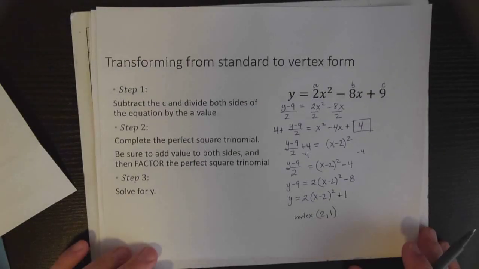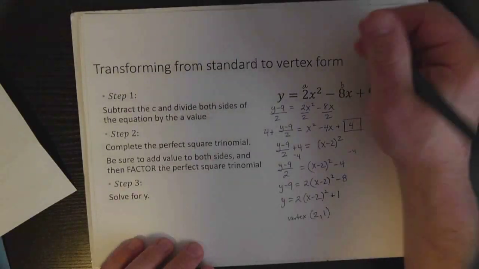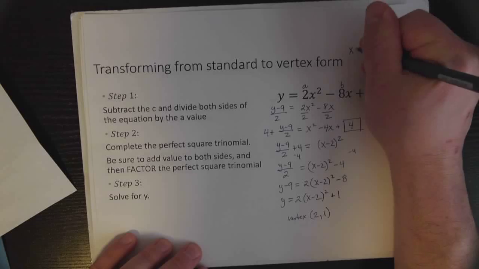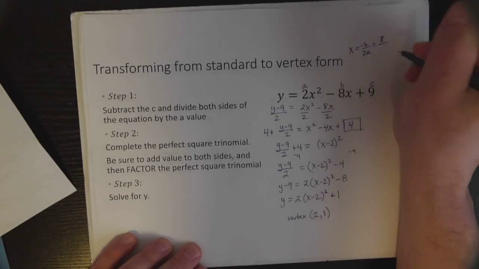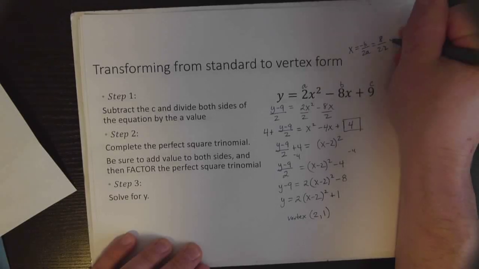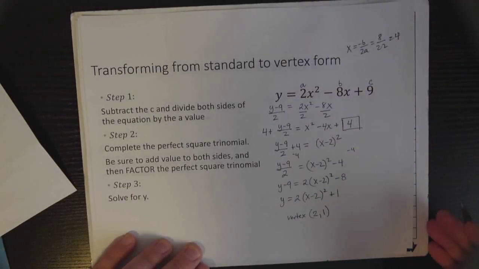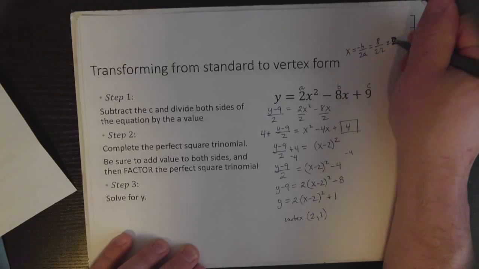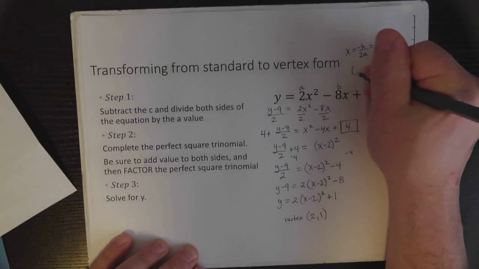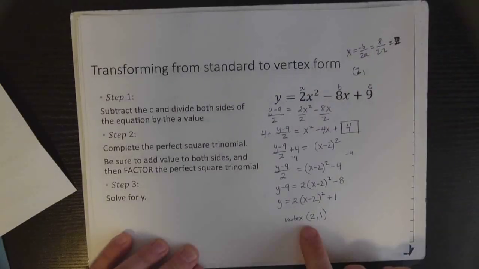Now we could have figured that out also from the standard form if we review that the axis of symmetry is negative b over 2a, and so that would be 8 over 2 times 2, which is 4. And so notice, 4 over 2 is 2. So the x value of the vertex is 2, matches.